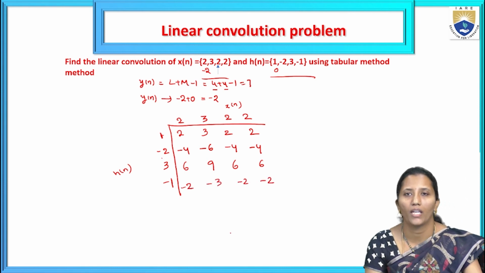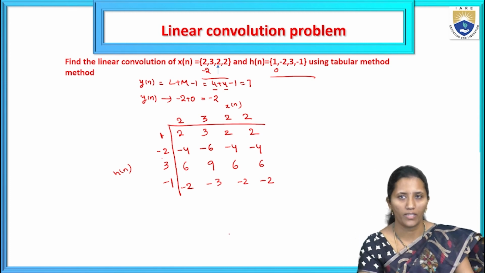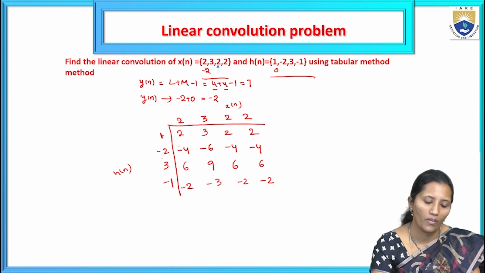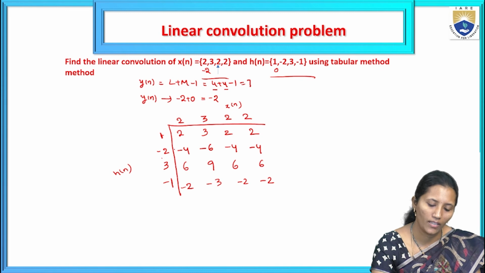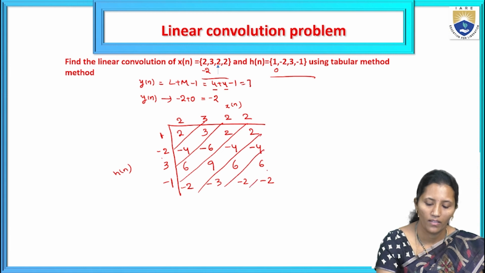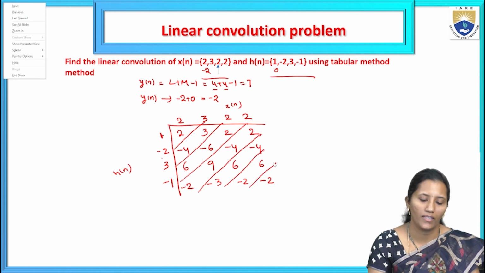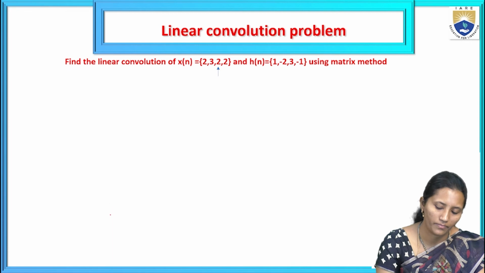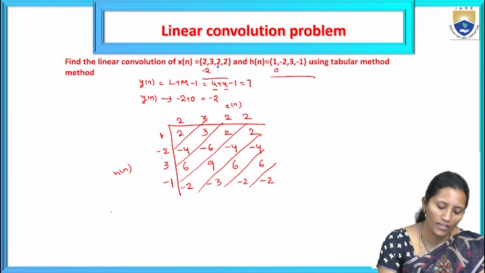So we have to multiply the corresponding sample values and then add. How to add these values? Draw the diagonal lines like this. Then the y of n will be obtained here. The first diagonal has the sample 2, and the second diagonal has minus 4 and 3, and we should add these two values.